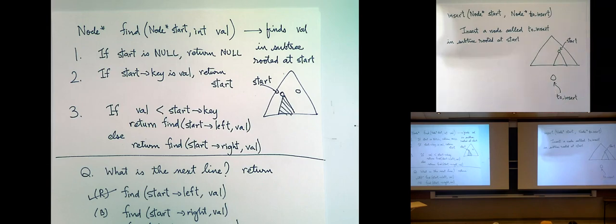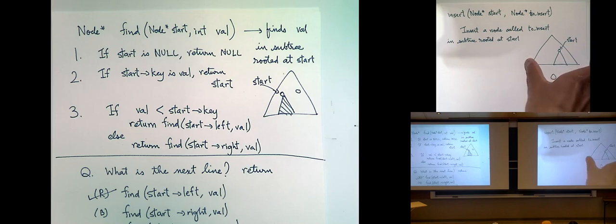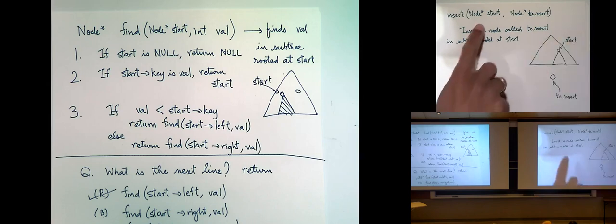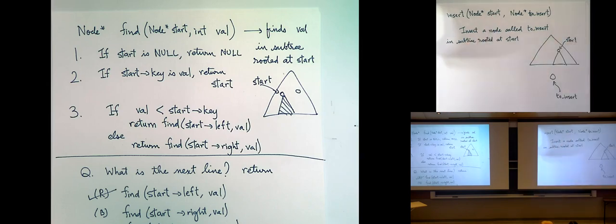I'm not going to write down the code for that, but assume that you call the constructor, you put the key in that node, and now you need to attach this node to the tree rooted at start. And again, the reason that we have this extra start is because it's a recursive function. Eventually start will be the root.